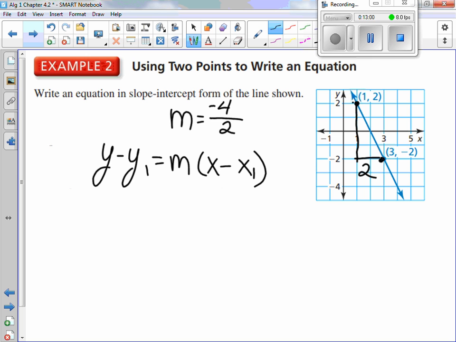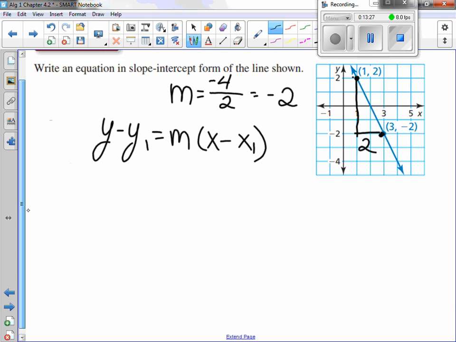Up and right are both positive, down and left are negative. What is negative 4 divided by 2? Negative 2. So the slope for this equation is negative 2.